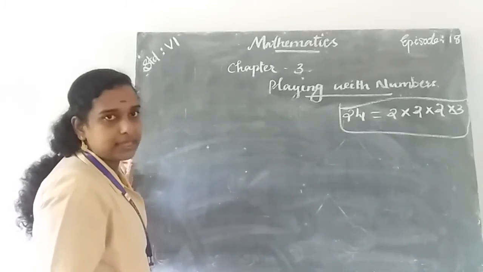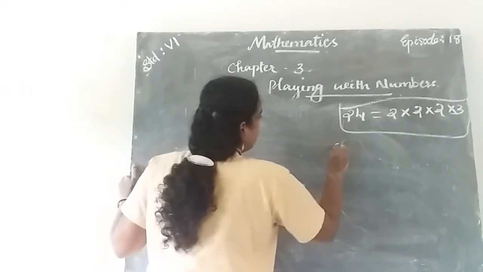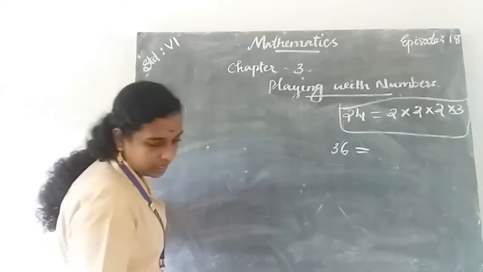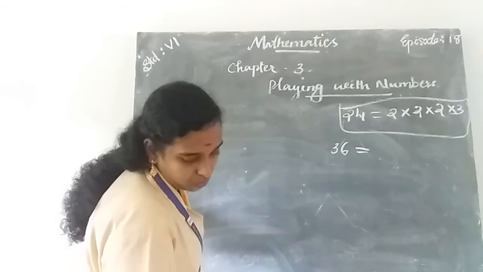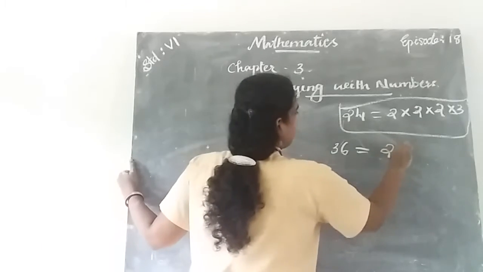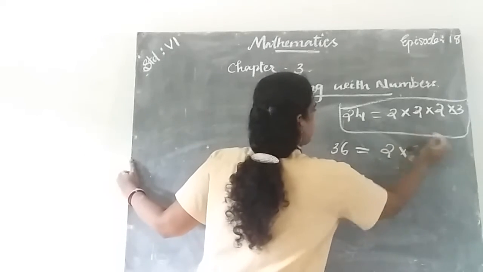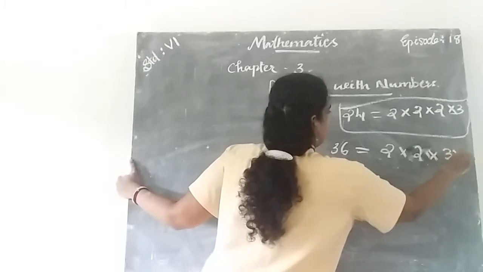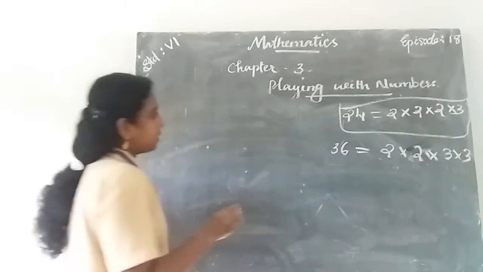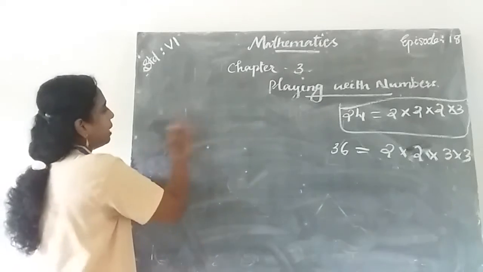Another example, 36. The prime factorization of 36 is 2 into 2 into 3 into 3. Let us check whether the answer is correct by the division method.